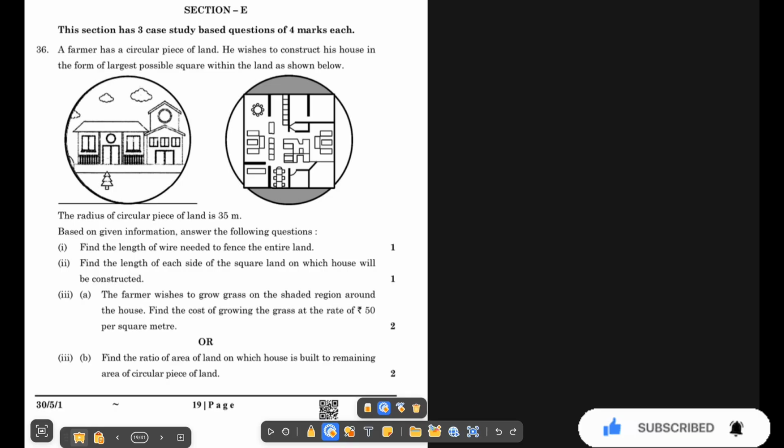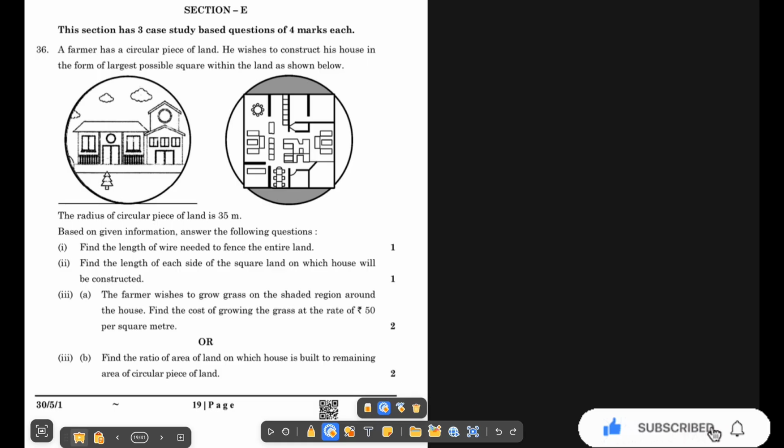Now the third question is, the farmer wishes to grow grass on the shaded region around the house. Find the cost of growing the grass at the rate of rupees 50 per square meter. So that's what we have to find.